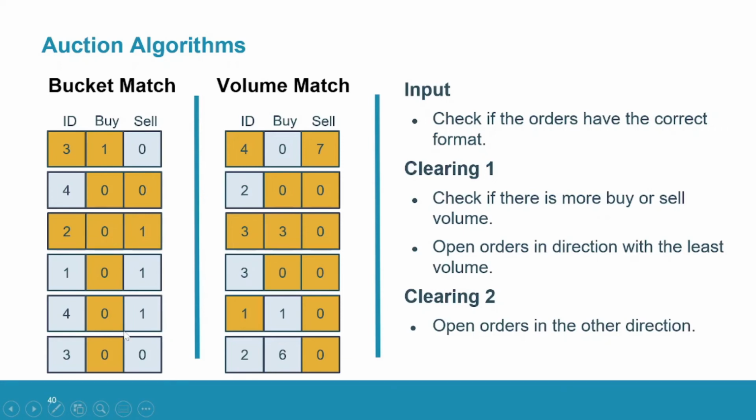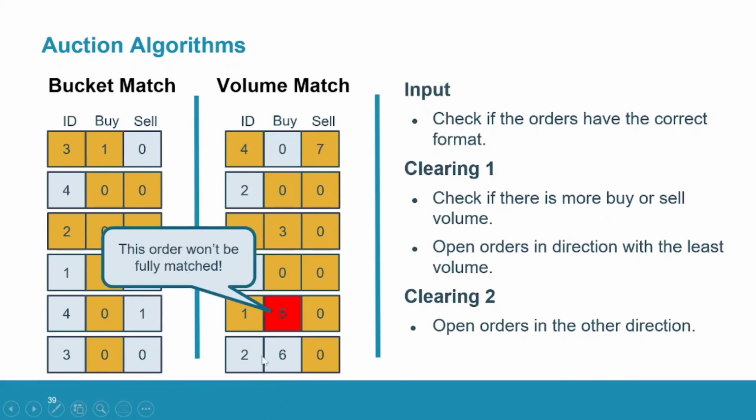And if in the other list there would be some leftover buy volume, then we could do some cross-list trading. And the problem is that when we do cross-list trading, then we are matching orders of different volumes, which is a similar situation to the volume match. So this case where we have some partially matched orders can also happen. So we might have this leaked volume that won't be matched.